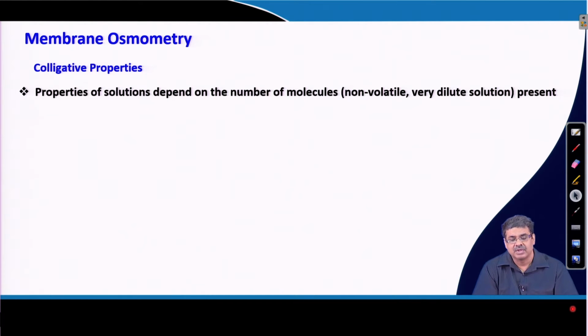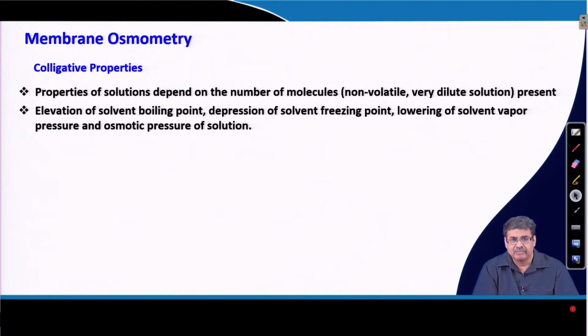So the magnitude of colligative properties of a solution depends only on the number of moles of solute present in the solution. There are 4 colligative properties: elevation of solvent boiling point, depression of solvent freezing point, lowering of solvent vapor pressure and osmotic pressure of solution.